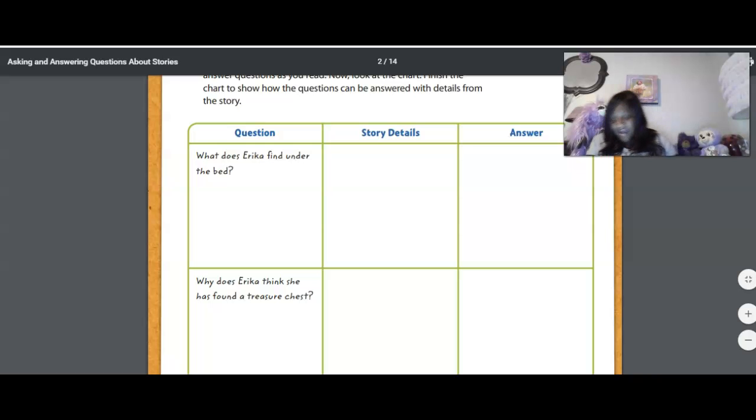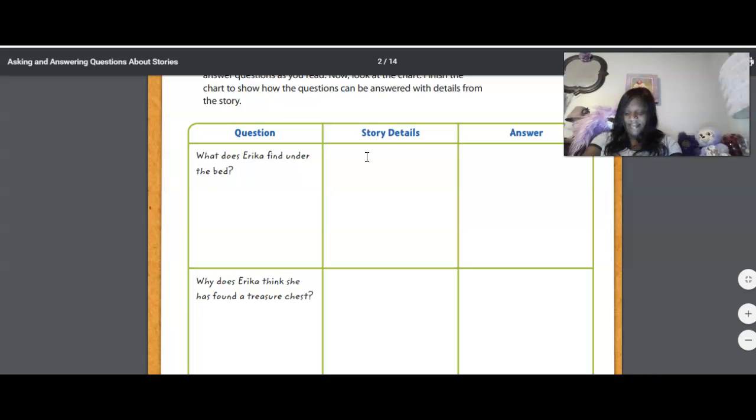So now we have our graphic organizer that they want us to fill in together. So the first part, they're asking for the story detail. So let's get ready to write. What does Erica find under the bed? That's correct.